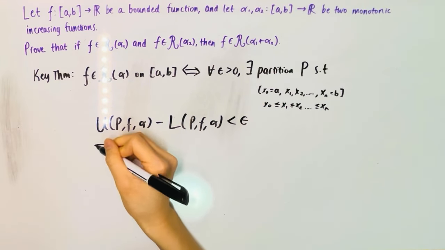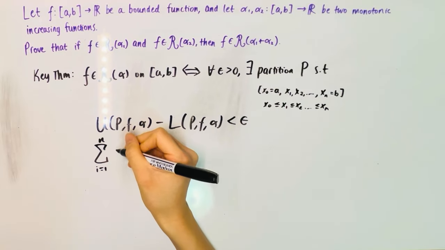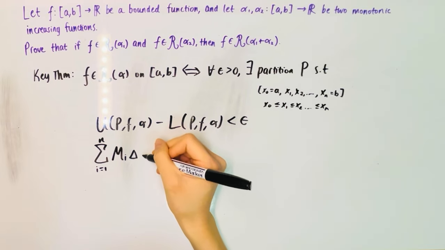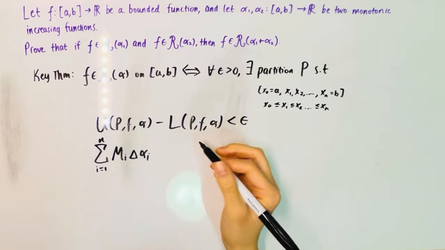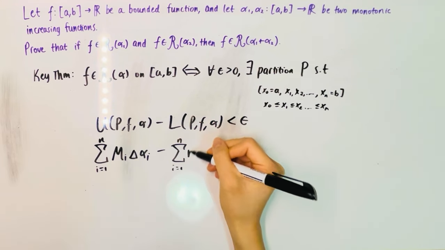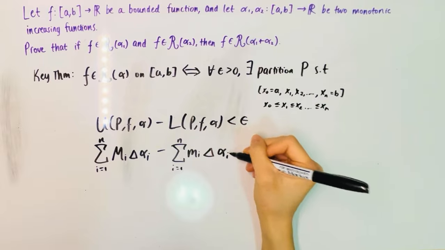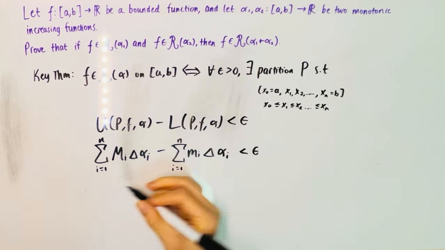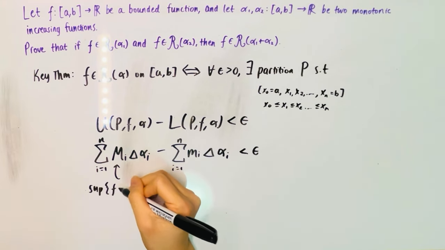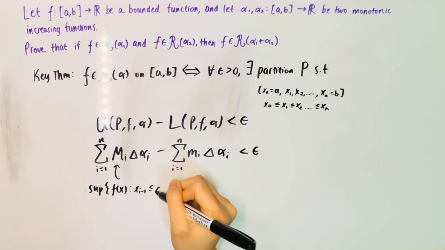And remember that this is basically our partition sum of Mi delta alpha i minus the sum from i equals 1 to n of mi delta alpha i, where Mi is the supremum of f of x, where xi minus 1 is less than or equal to x.